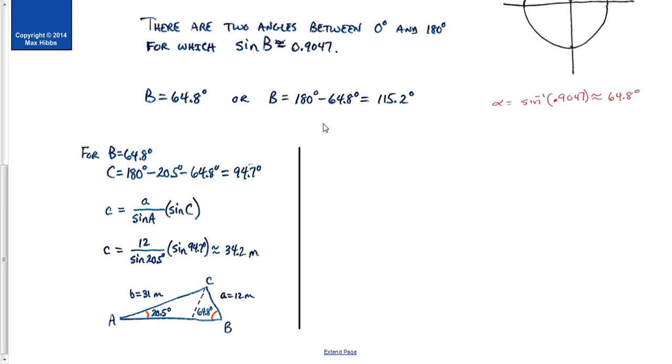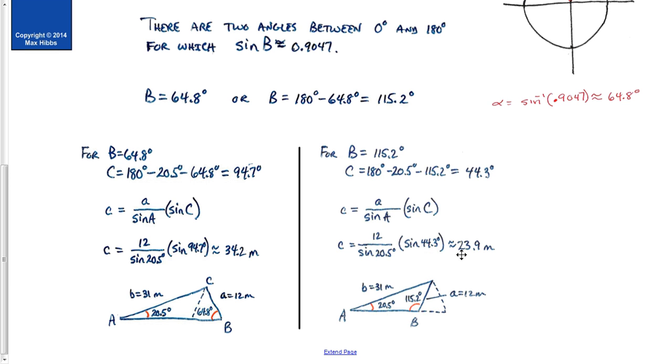Now, let's consider what would happen if B was 115 degrees, okay? Well, if B was 115 degrees, angle C would be 180 minus angle A minus angle B. And in this case, we would get angle C is 44.3 degrees.